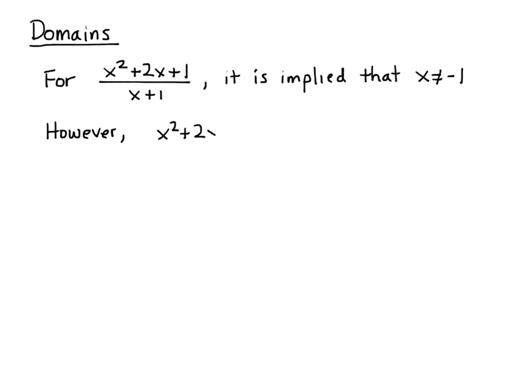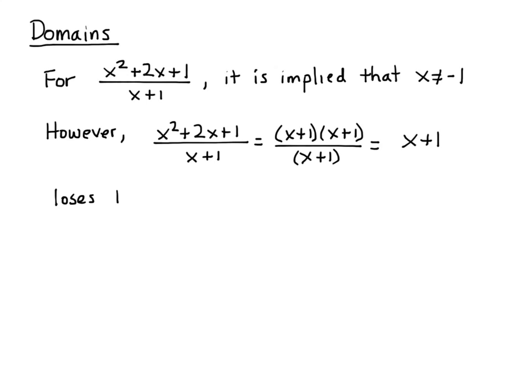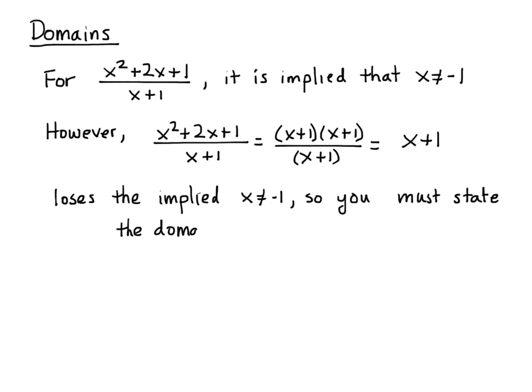If we simplify it, if we factor that numerator, the x plus 1 cancels the denominator, and we get x plus 1. We lose the implied x cannot equal negative 1, so you have to state it explicitly now.